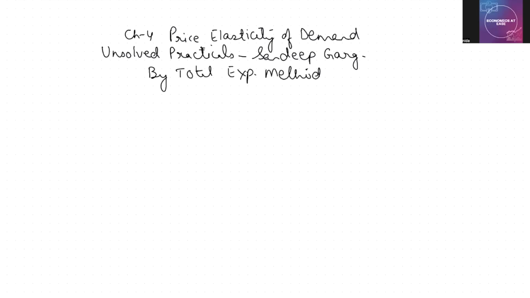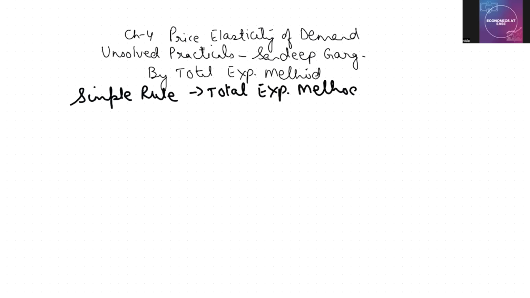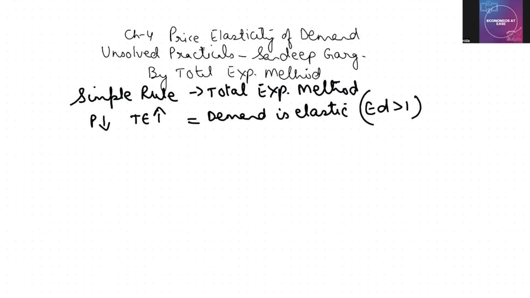The simple rule for the total expenditure method is: if price falls and total expenditure rises, then demand is elastic. The first rule is this.